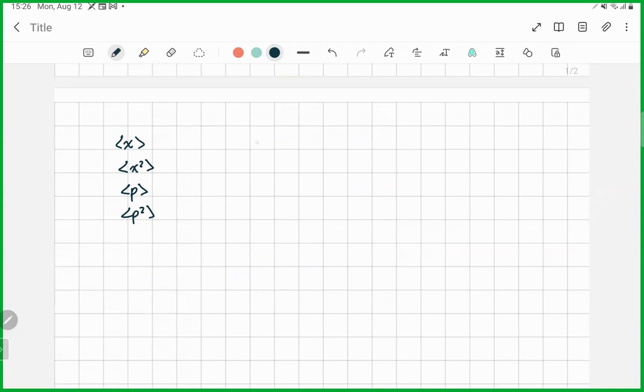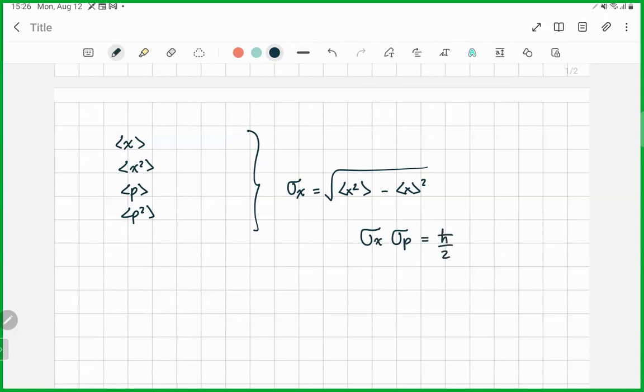And once you have that, you can then get the uncertainty. Well, you can get the standard deviation for each quantity, right? And then use that to check the uncertainty principle. You will see, if you do everything correct, that this will give you exactly the limit of the uncertainty principle.